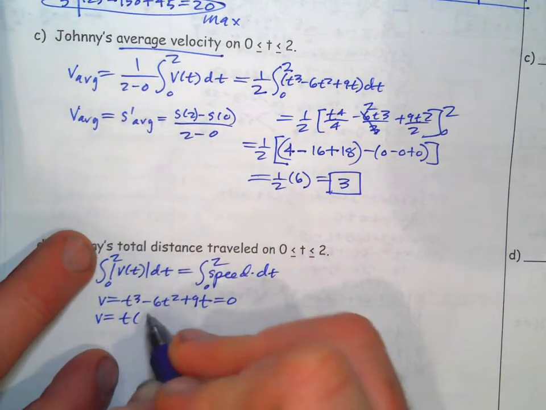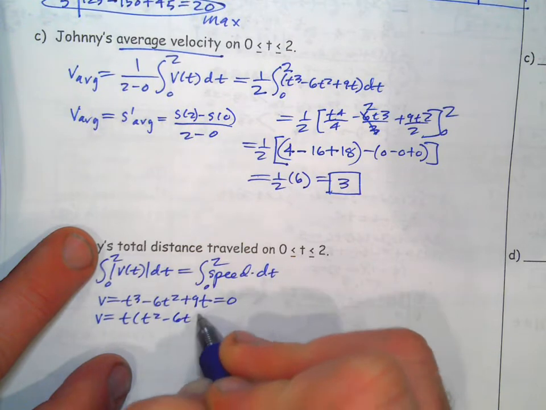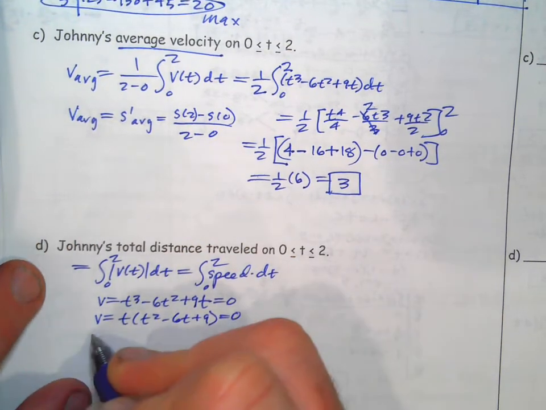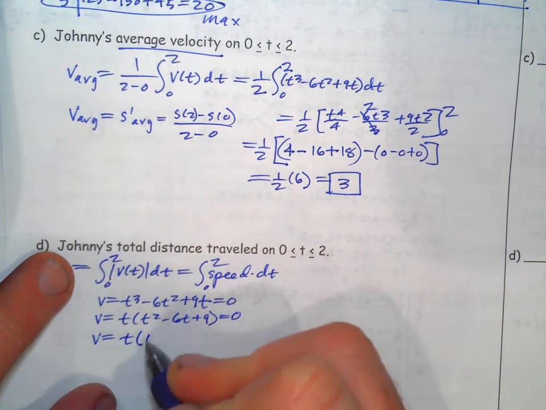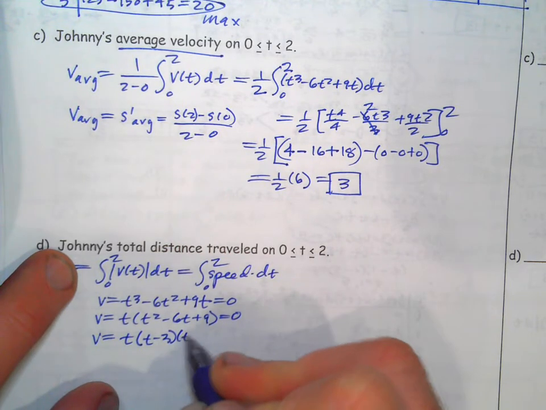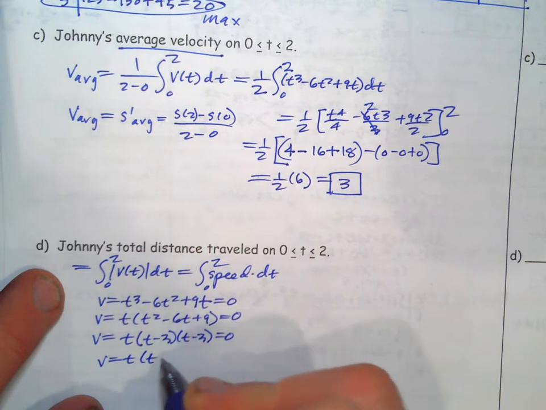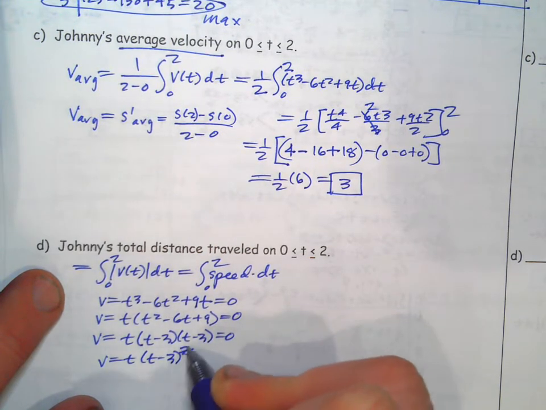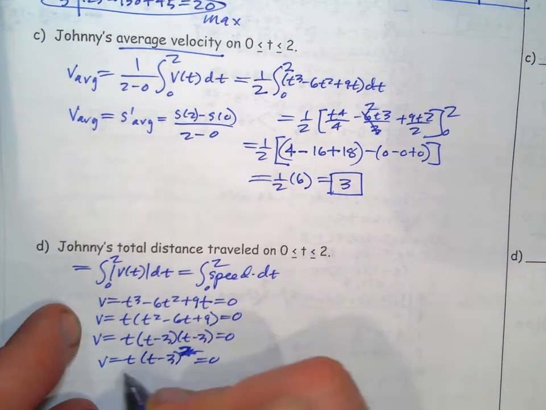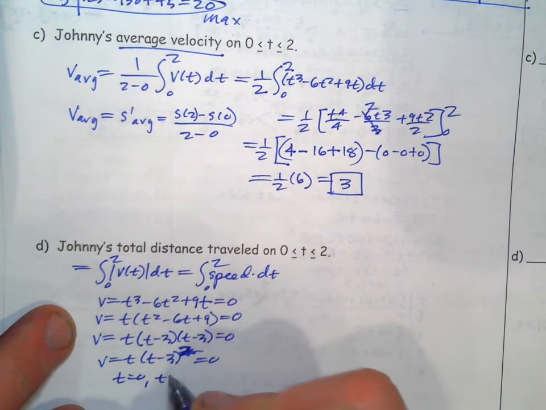So we factor t out: t squared minus 6t plus 9. We already did this earlier, by the way. t minus 3, t minus 3. So t equals 0 and t equals 3.